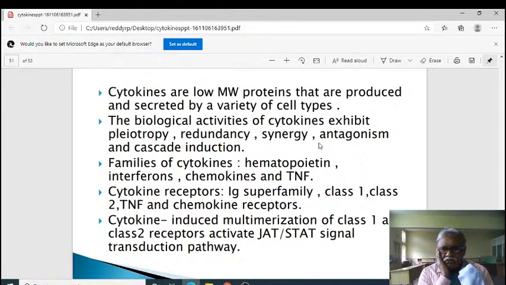The families of cytokines are hematopoietin, interferons, chemokines, and tumor necrosis factor. Cytokine receptors include the immunoglobulin superfamily, class 1, class 2, tumor necrosis factor, and the chemokine receptors. Cytokine-induced multimerization of class 1 and class 2 receptors activates the JAK and STAT signal transduction pathways.